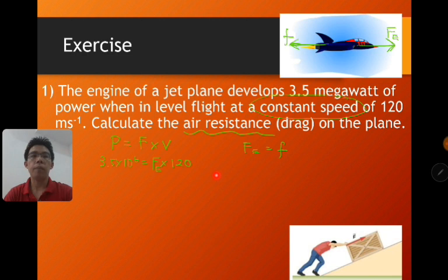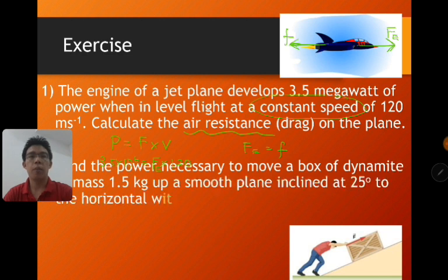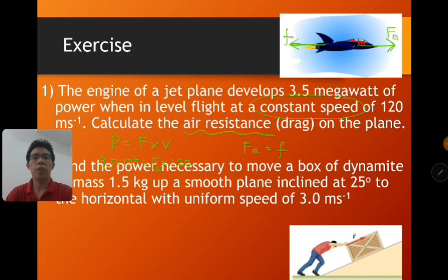Okay, next case we look at. The power necessary to move a box of dynamite of mass 1.5 kg up a smooth plane, that's a smooth plane with no resistive force between the two surfaces, at an angle of 25 degrees, at a uniform speed of 3.